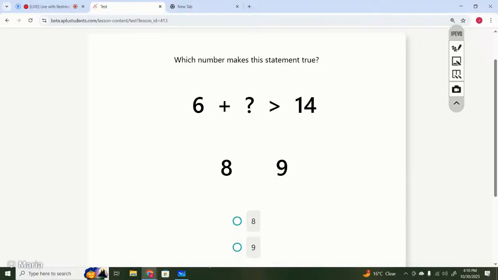That is 9, because 6 plus 9 makes 15, and 15 is greater than 14.